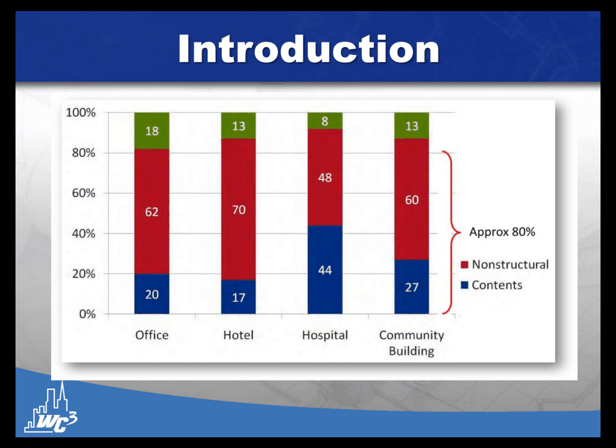It breaks out if it's an office, a hotel, a hospital, or some other sort of community building, what percentage of the cost is associated with the content of that building, such as furnishings or lab equipment. What percentage are the non-structural components, and then what percentage, which is the green, and I don't know why it's not showing that in the legend, is the primary structure for the building.